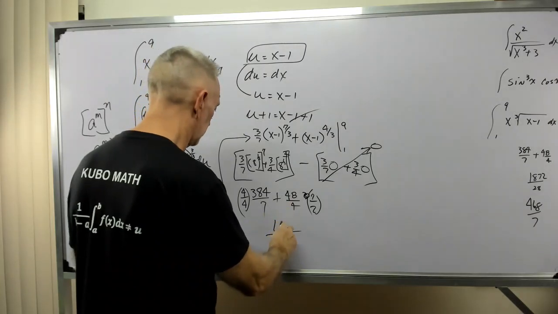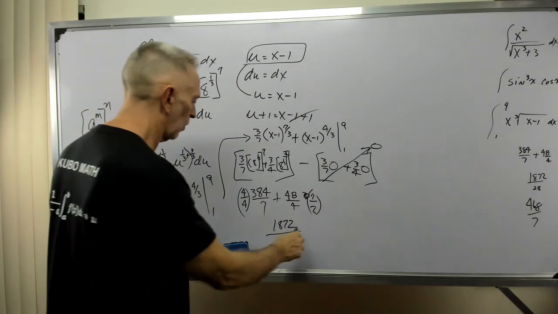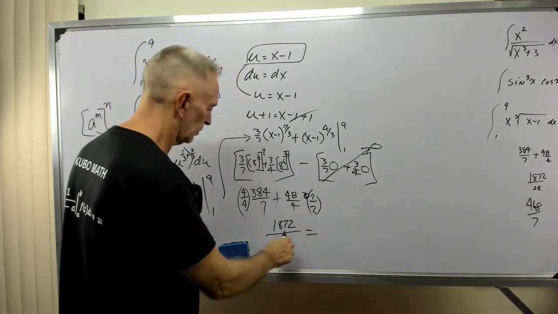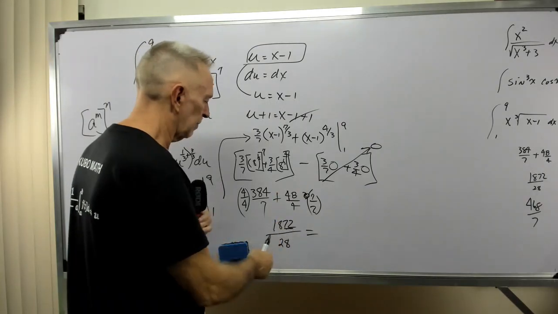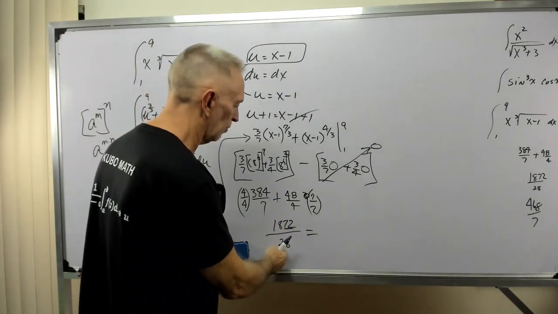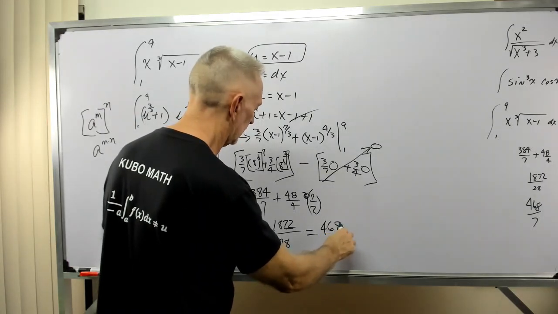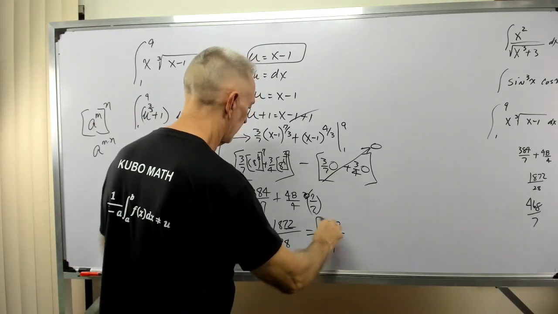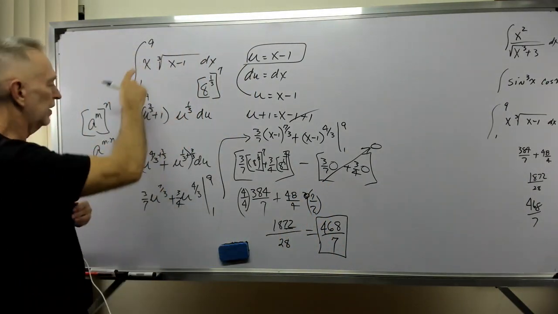If you add those up, you get 1872. 4 will go into both of those. Of course, you know the last two digits, I can put 4 into that. So that means 4 will go in. I know 4 will go into that one. So I end up with 468 over 7. And that would be the results of that definite integral.